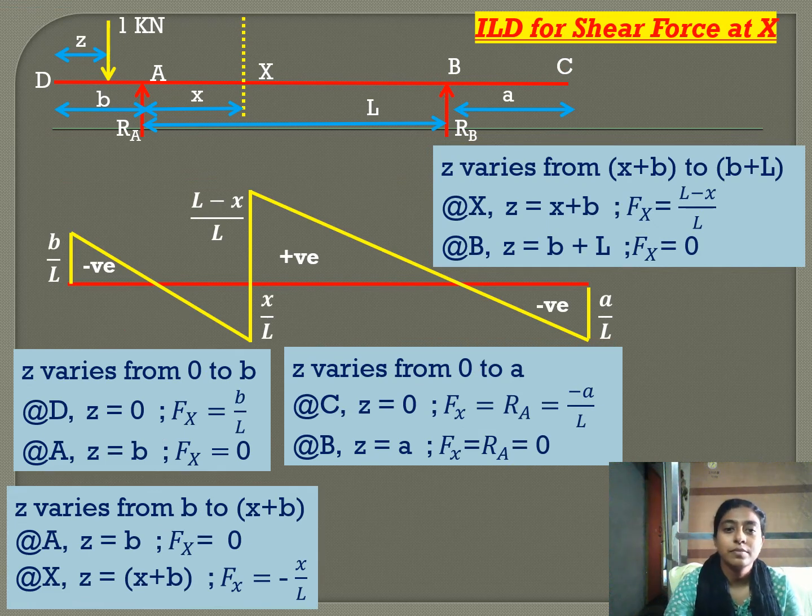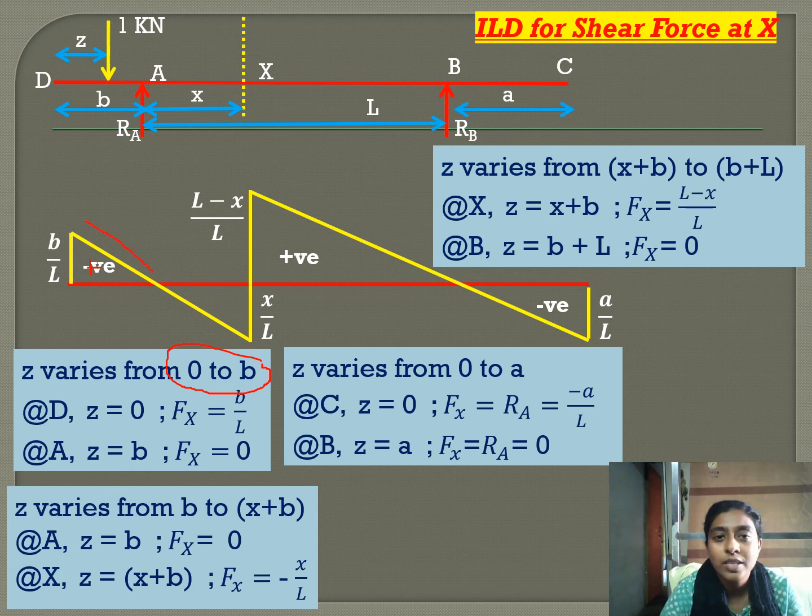Now, first part, that is when the unit load is in DA, the values are B by L and 0. This is positive, not negative, positive. So from B by L to 0.